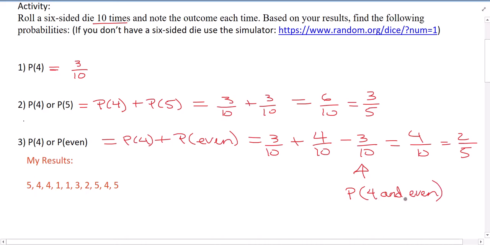Because 4 is an even number, I am essentially double counting those, so I want to get rid of any double counts. And so in this case, the probability of 4 or even is really the probability of 4 plus the probability of even, and then minus the probability of 4 and even. So I have to subtract the double counting.